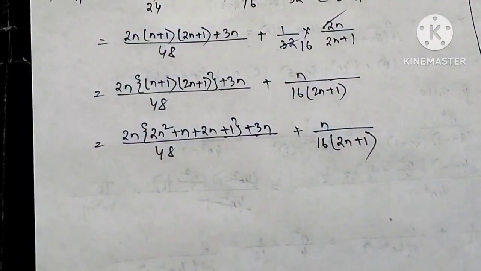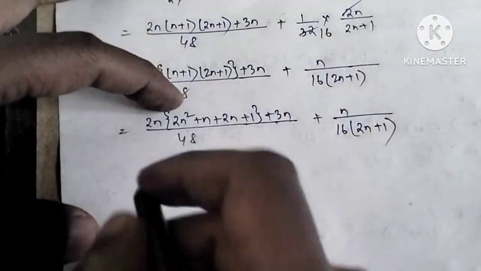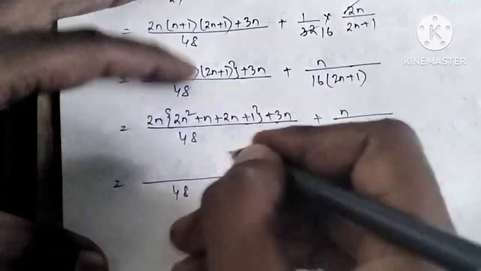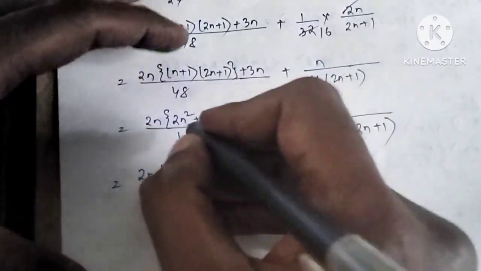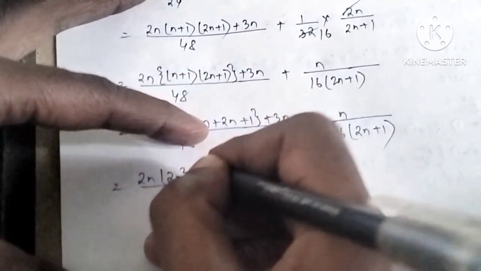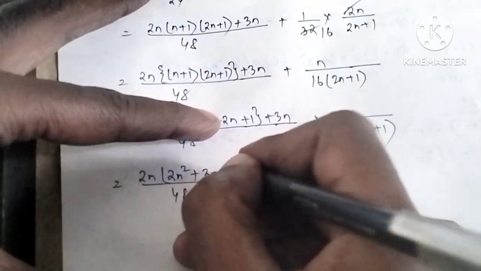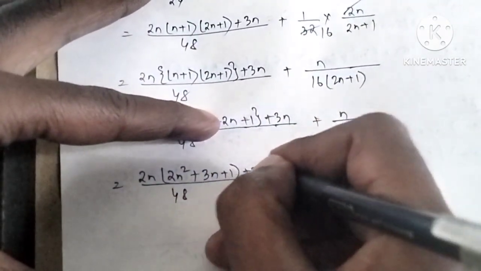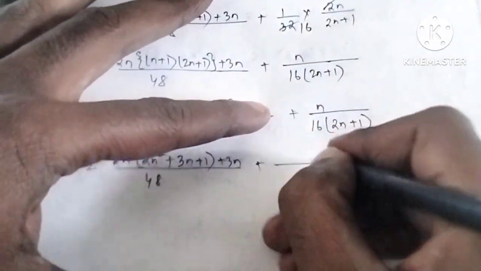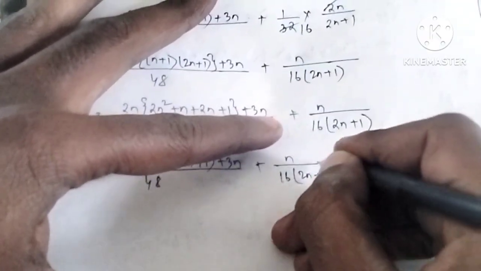So this will be 48 into 2n square plus 3n plus 1 plus 3n plus n by 16 into 2n plus 1.